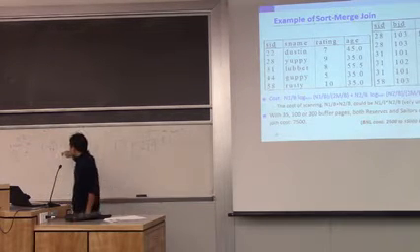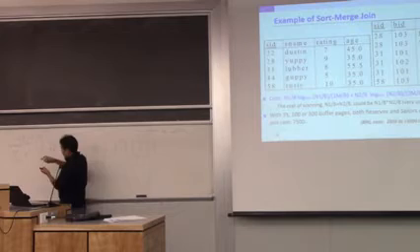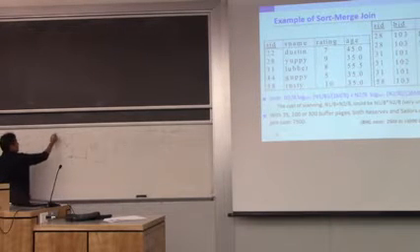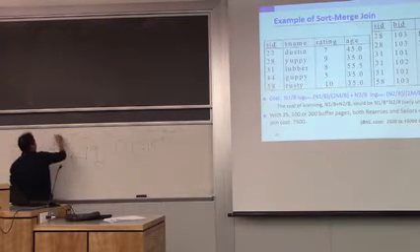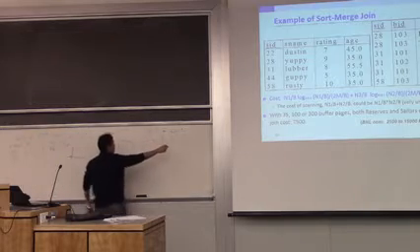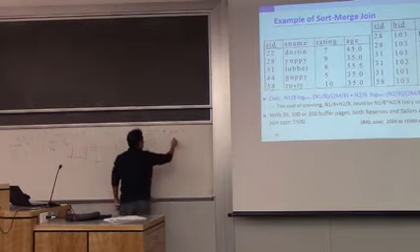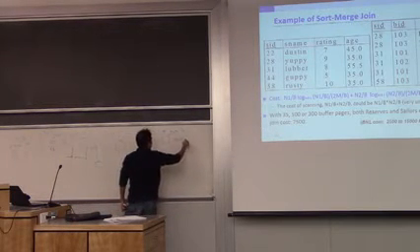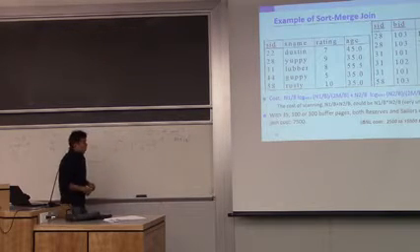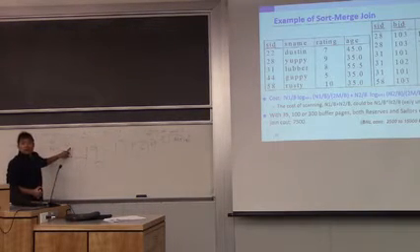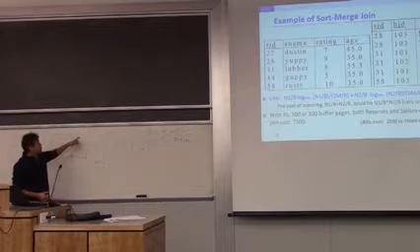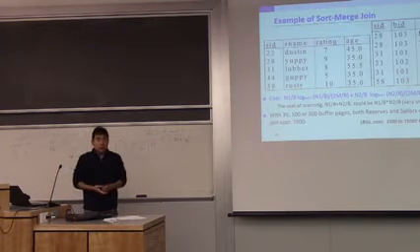Okay? So you have to have this condition. So this cost, if you think about it, in most cases it's going to be much less than this cost. Right? This part is linear, which is R plus S. Assuming each region is small enough to fit in memory again. Right? But you still have to take the sorting cost.